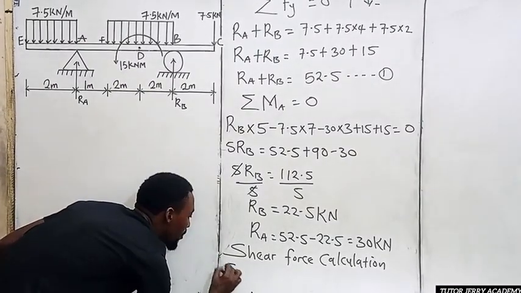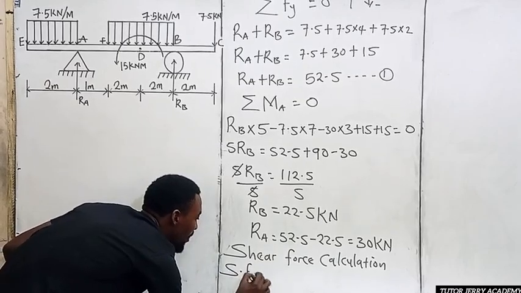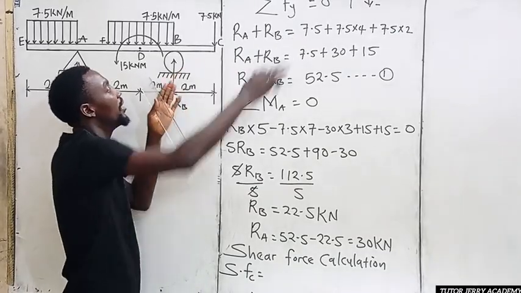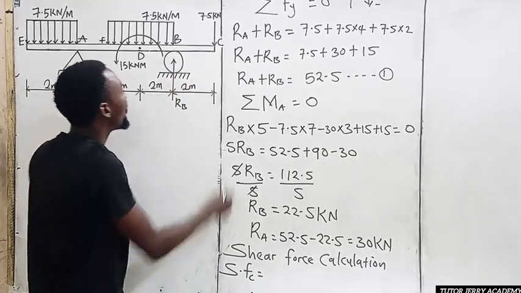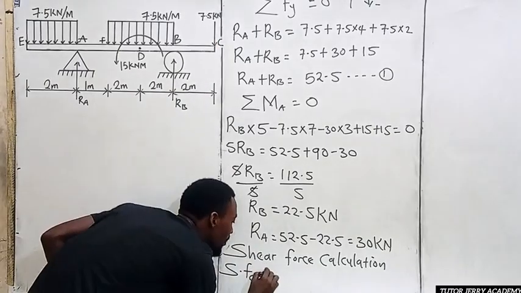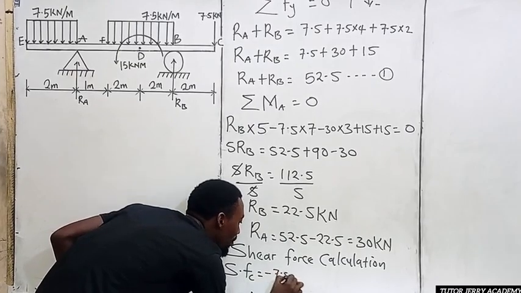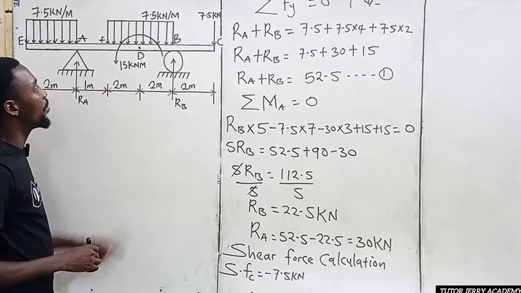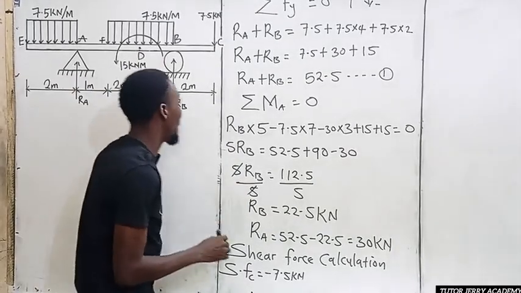So the shear force at point C will be equal to, now if you stand at point C and look to the right, the only force we have there is just this force here. So it's going to be minus 7.5 kilonewton.